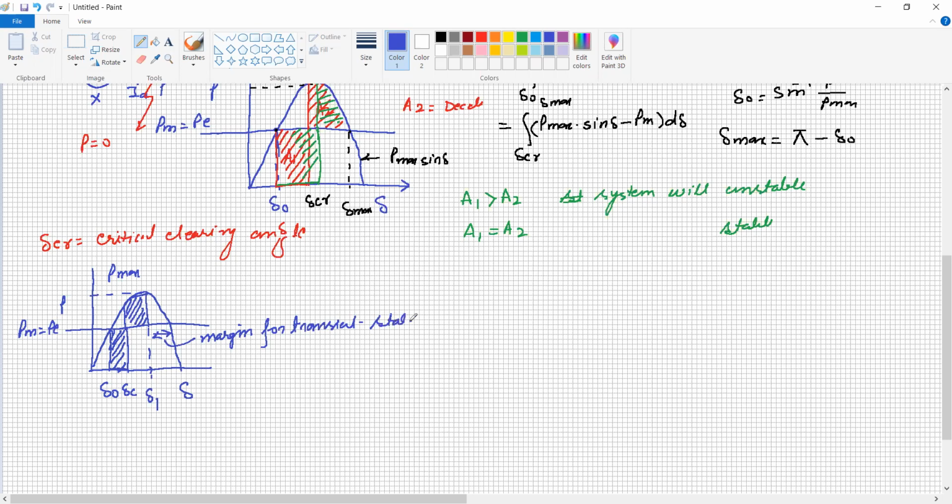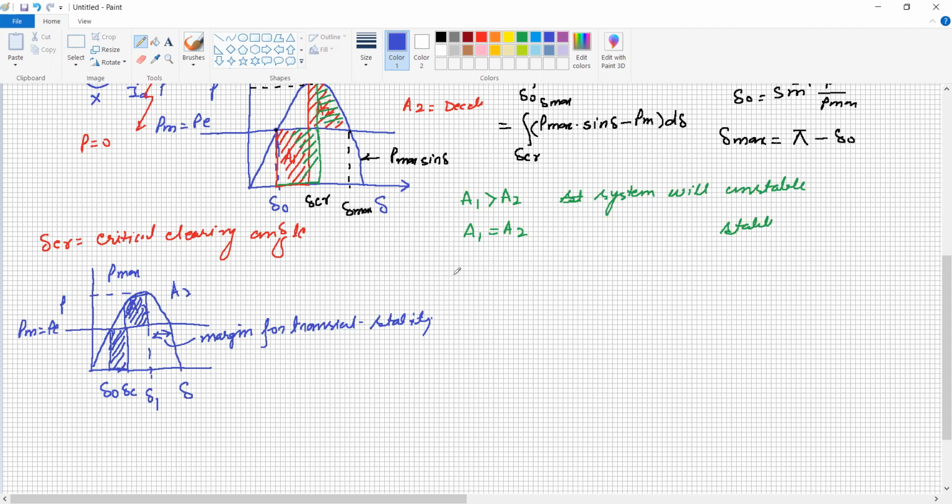Transient stability means that if you are able to reduce the acceleration area, that is one thing, or we can increase the area A2 by some means, by using FACTS controllers or some other method, then we can improve the transient stability, isn't it?